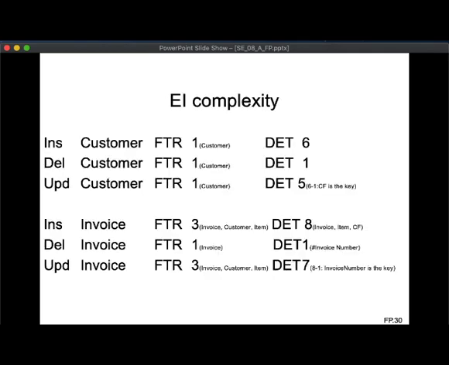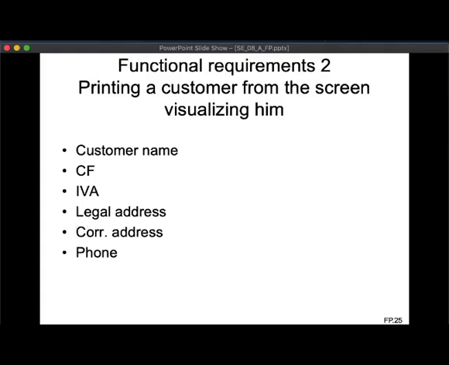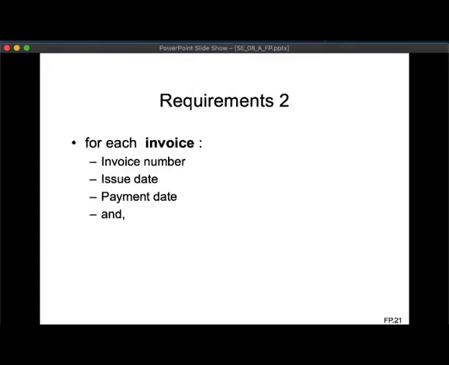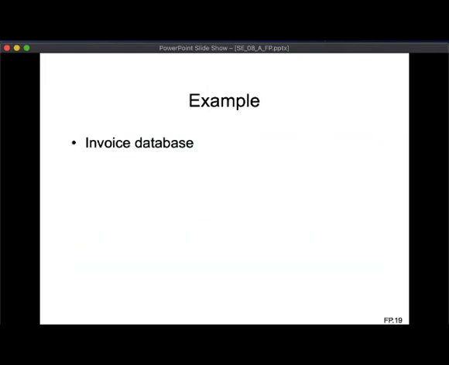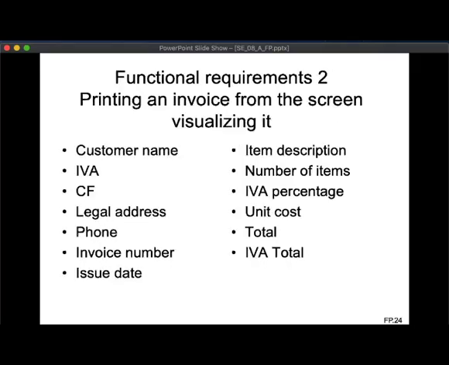So now let's look at the complexity. In this case we have, of course, the insert of the customer dealing with 1 FTR. Let's remember, FTR is the file type reference that is changed or read, and then we have to consider how many DET.